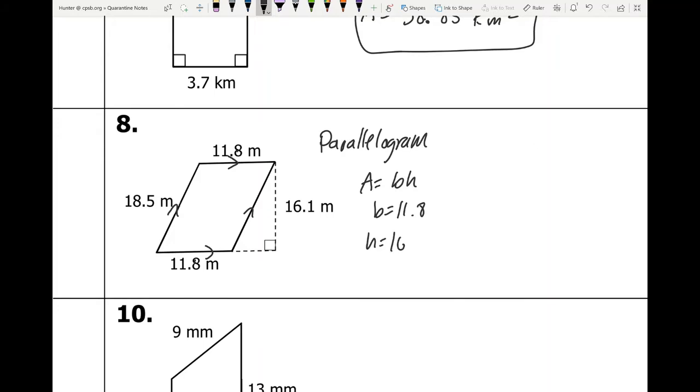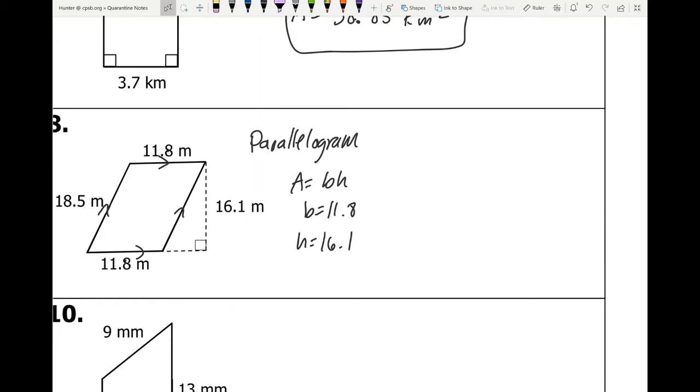And it is equal to 16.1. So my area will be 11.8 times 16.1. So area is equal to 189.98. And this is in meters squared.